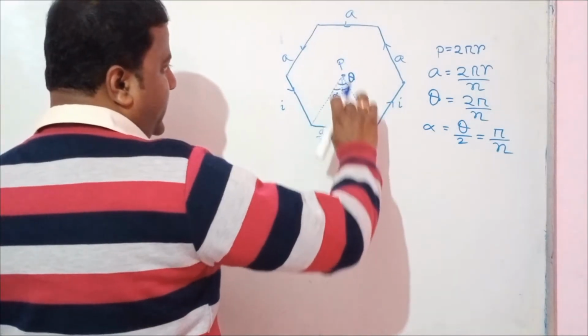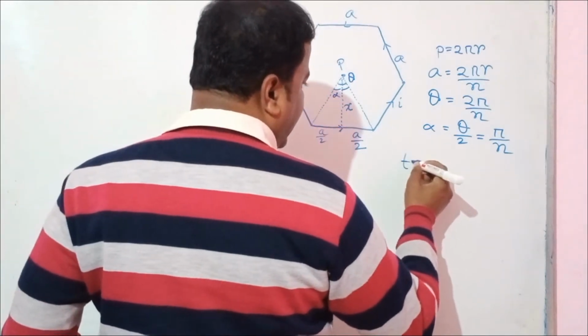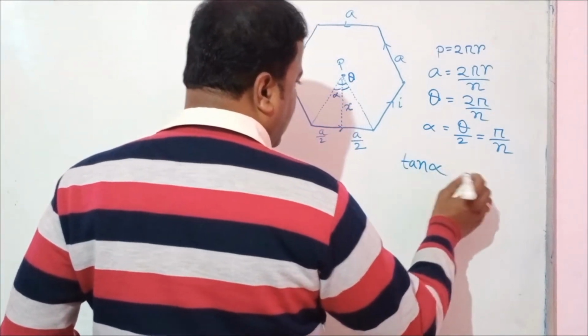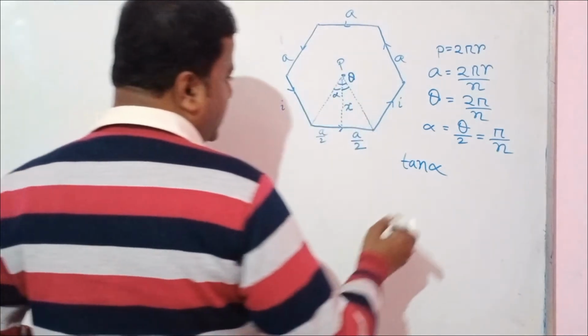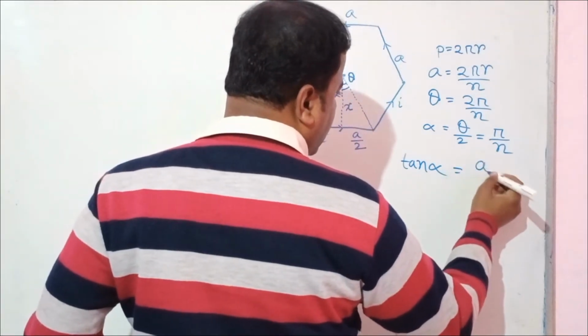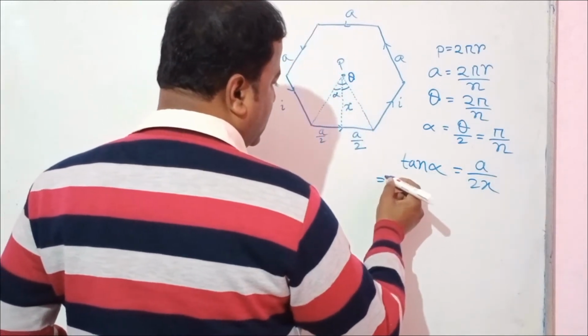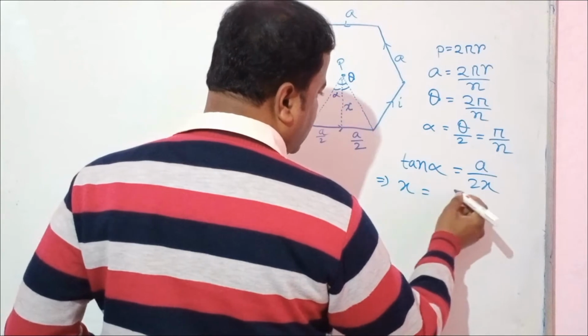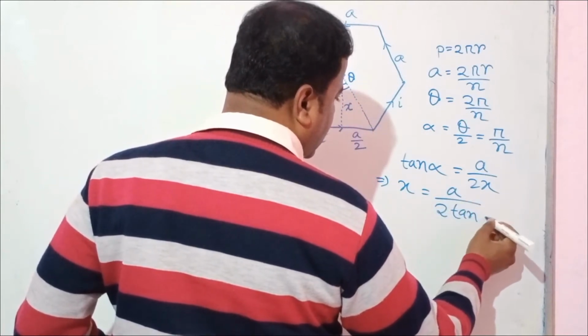And this x we can calculate from tan alpha. Here tan alpha equals perpendicular by base, that is a upon 2x, and x equals a upon 2 tan alpha.